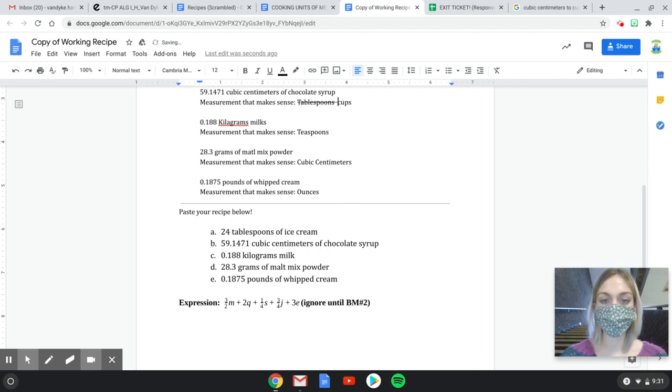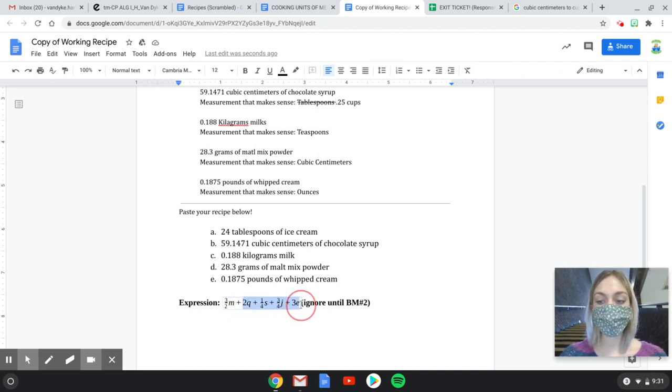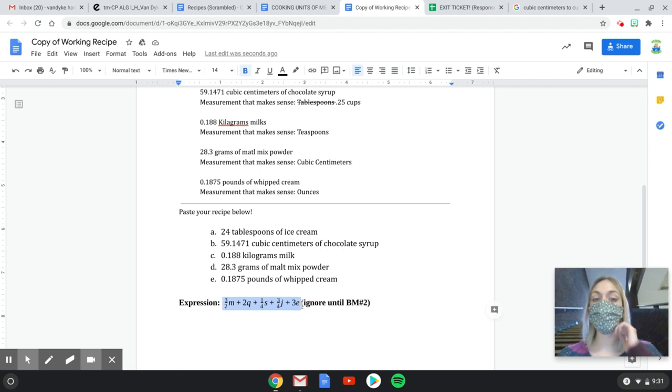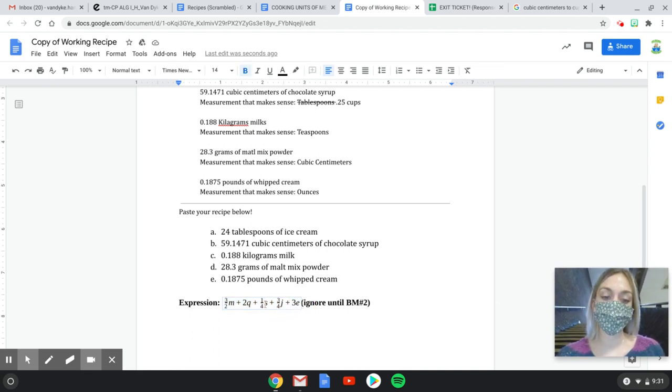0.25 cups. I need to check that in my expression below, if any of the remaining variables have a coefficient of 0.25.